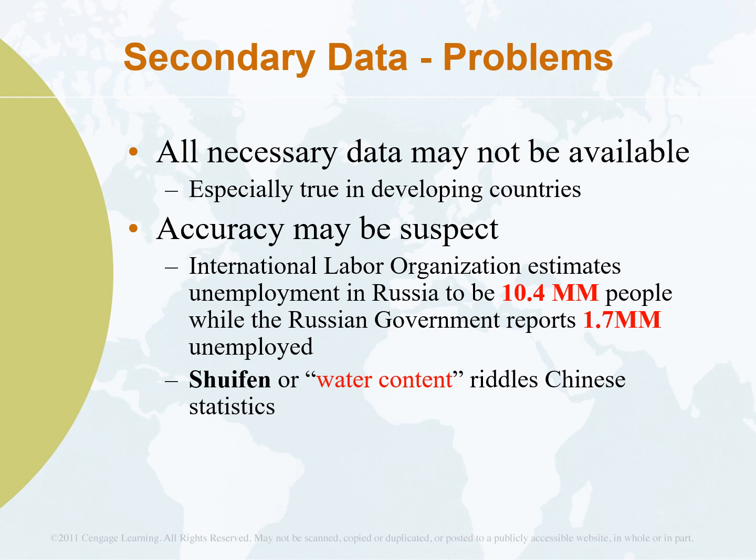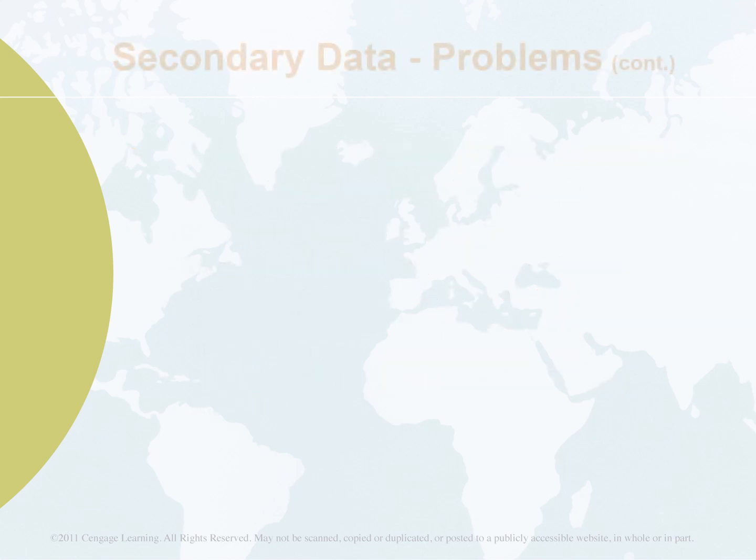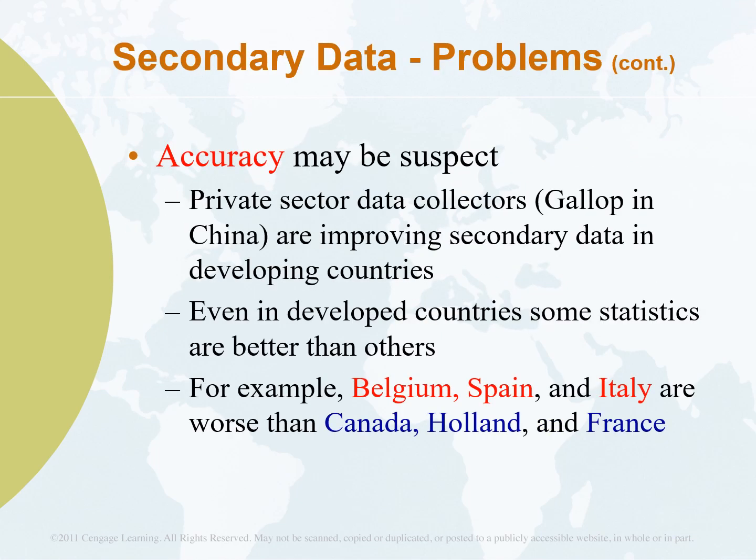Also, in Chinese statistics, there's a term called 水分, or water content. That shows inaccuracy or even misreporting or falsification in Chinese statistical data. And accuracy, as I said, may be suspect.